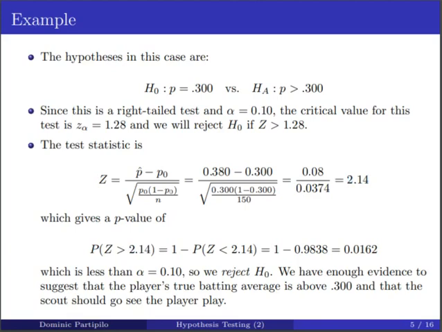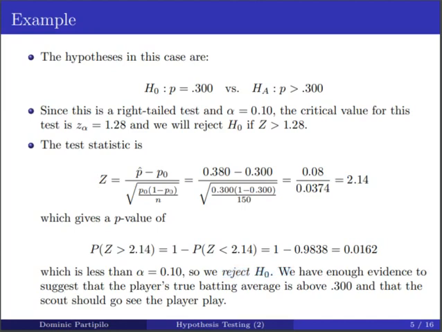And remember, to flip the inequality here, we have to subtract from 1 to make this quantity able to be looked up on the table. And when we do that, we'll get 1 minus 0.9838, which gives us 0.0162. Remember, our alpha level is 0.10, and our p-value is 0.0162, which is lower than alpha. So that means we're going to reject H0.